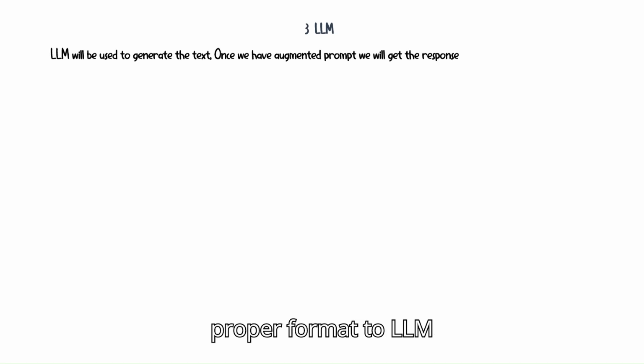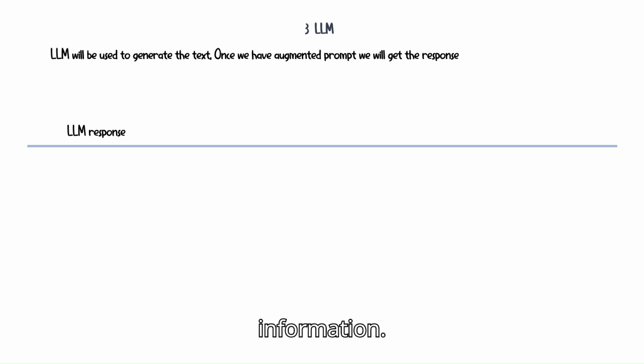In the next step, once augmenting the prompt is done, we will implement the LLM. We have the user question, prompt, and retrieved information. We will pass all this information in proper format to the LLM to generate text-rich information.